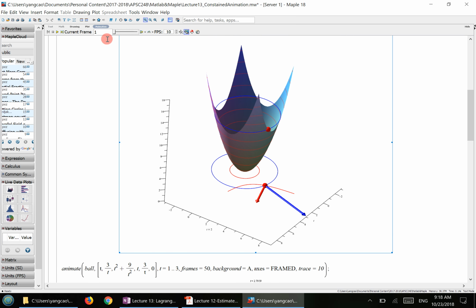Observe this blue one here. The blue one is the level curve for the given surface, the paraboloid. If you have a point here and you go up, then you have a level curve, right? So watch that blue curve and the constraint when we are at the local minimum.